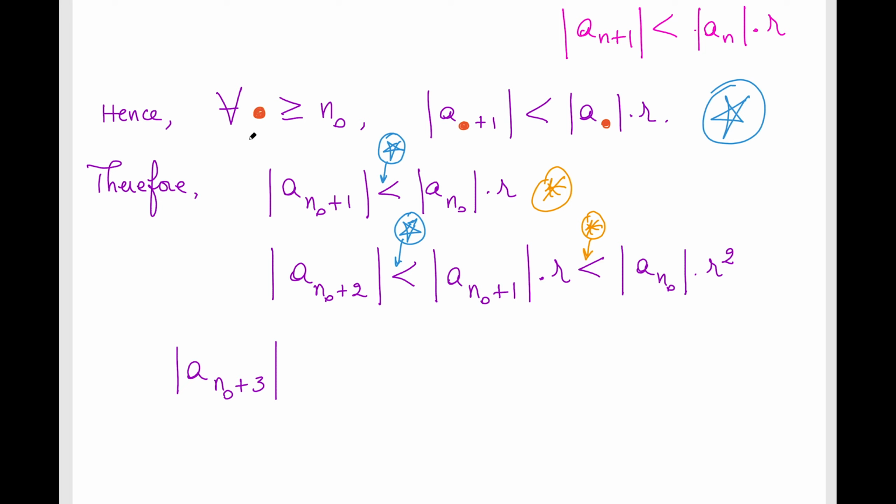I'm replacing the bullet by n naught plus 2. If you do so, certainly n naught plus 2 is bigger than or equal to n naught. If you do so, this becomes absolute value of a_{n0+2+1}, so a_{n0+3}. We get this. And this becomes smaller than absolute value of a sub the bullet. The bullet of the choice now is n0 plus 2, right? Times r. Okay.